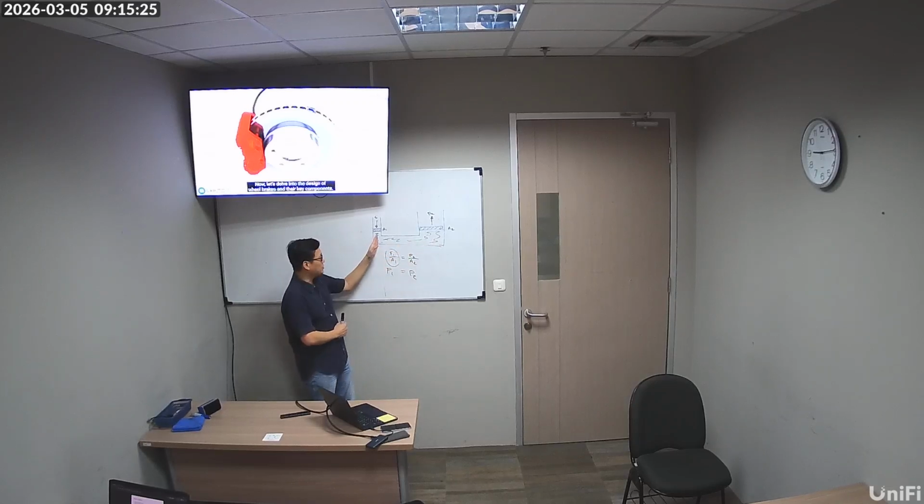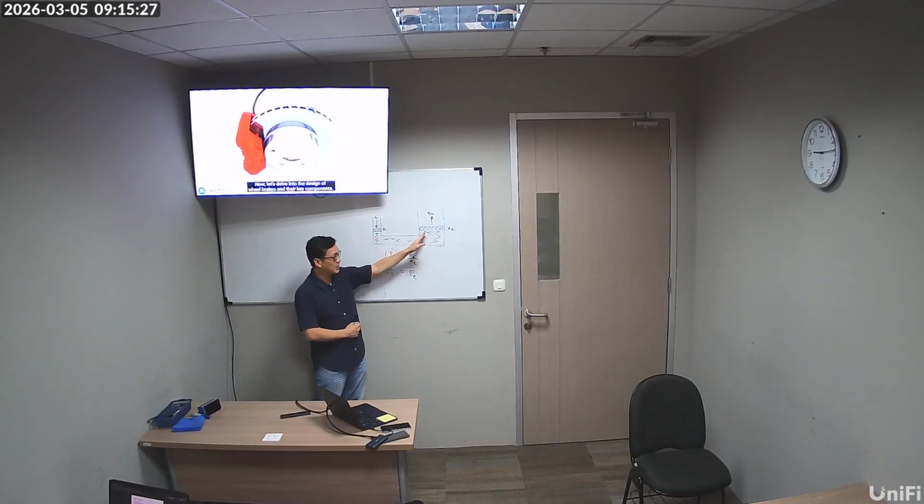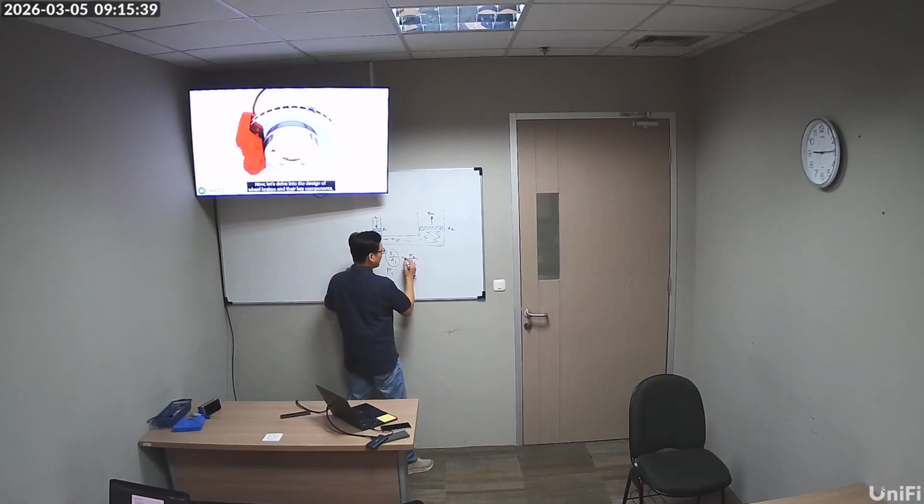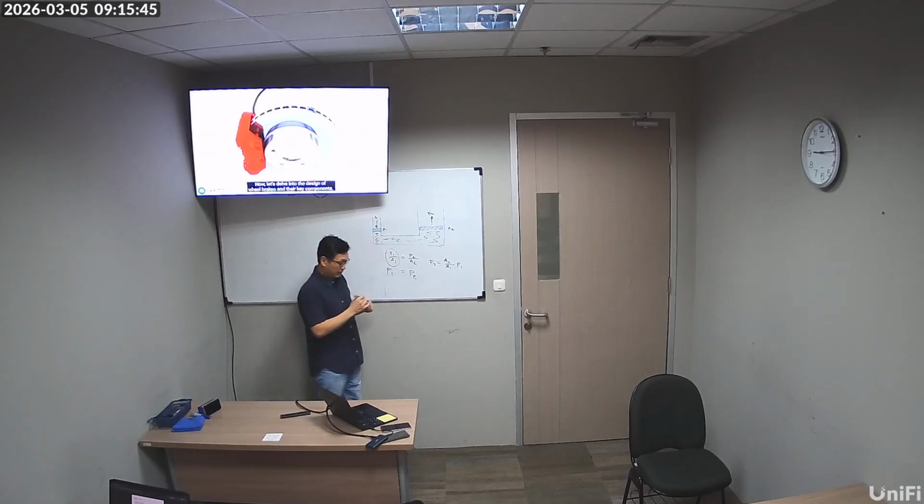And so if the pressure here is the same as the pressure here, then the force divided by area here that creates the pressure will be the same as pressure 2. Therefore, if you rearrange, F2 is equal to A2 divided by A1 times F1. So the ratio of the areas becomes the multiplication you get.